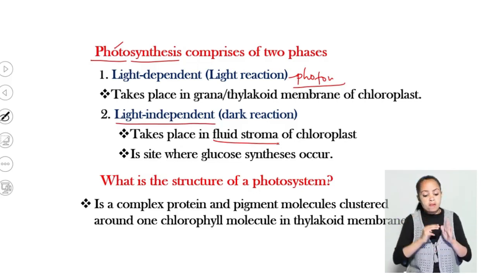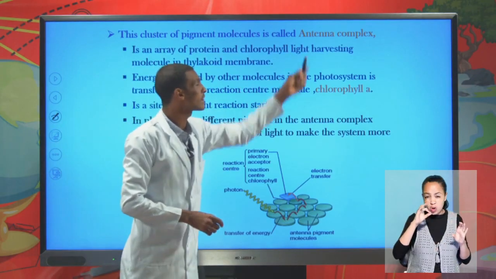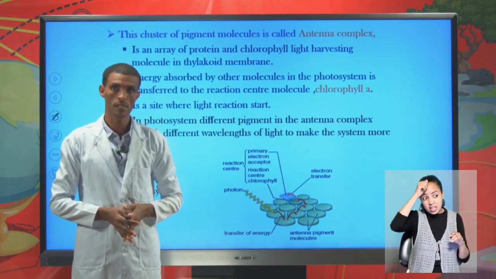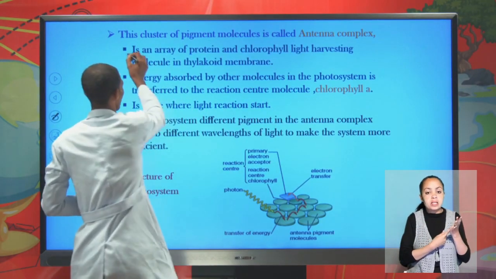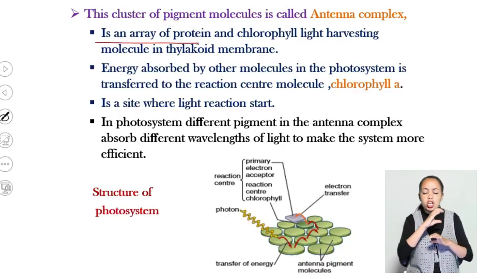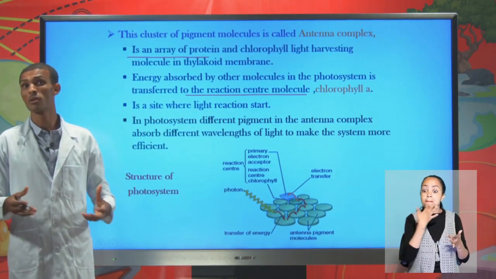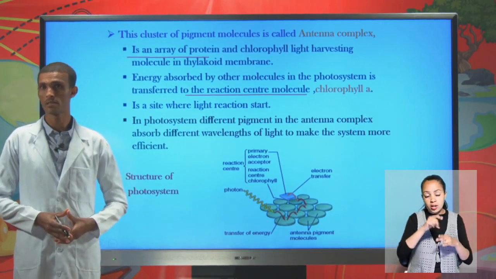This cluster of photosystem and chlorophyll molecules is said to be the antenna complex. It is an array of proteins and chlorophyll molecules suited for light harvesting activity. This cluster of pigment molecules is called the antenna complex.